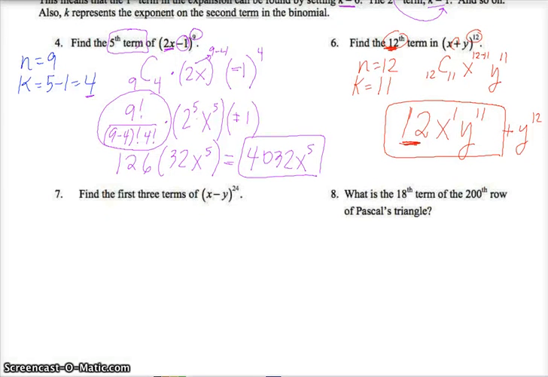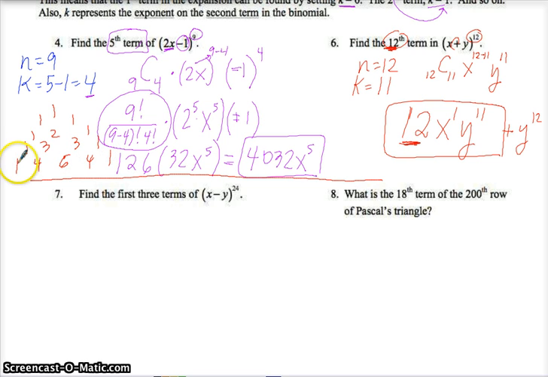Okay, moving on. Number 7 says find the first 3 terms of x minus y to the 24th power. Okay, again, going back to Pascal's triangle, trying to get you to recognize some of these patterns. So I said the first term is always a coefficient of 1.